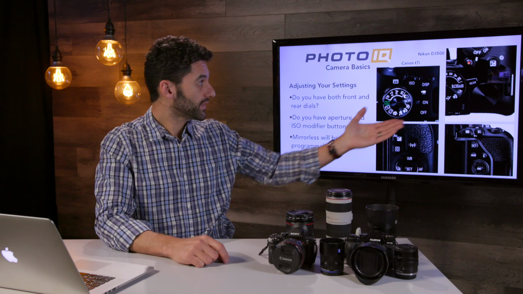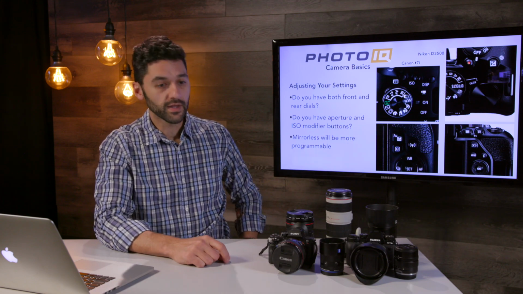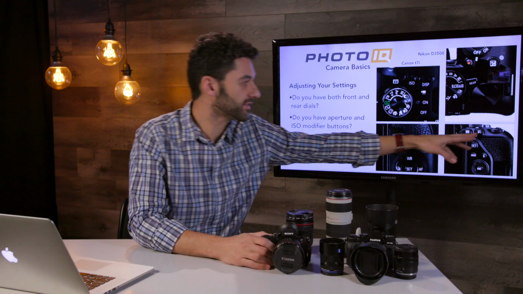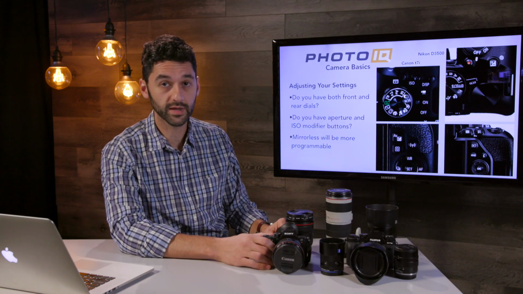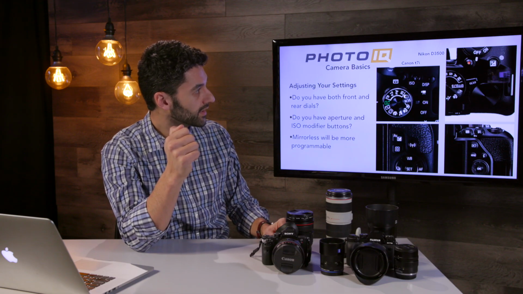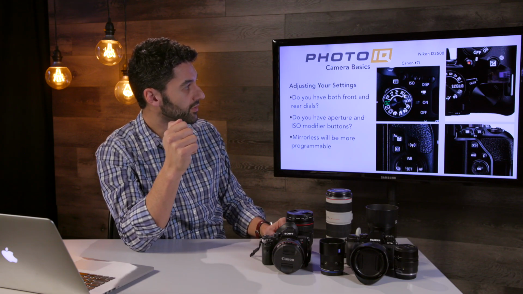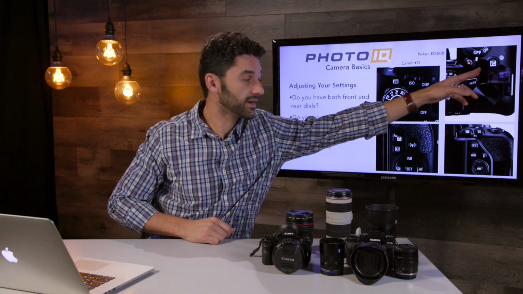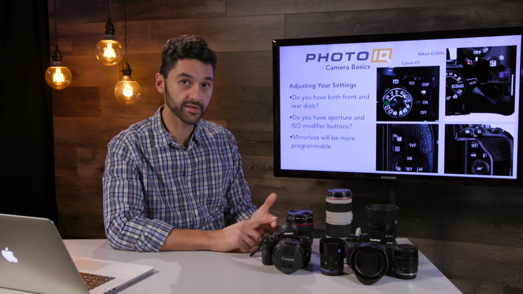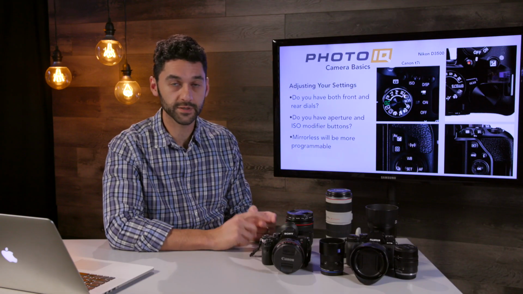Then beside it, the Nikon D3500 also only has one dial. It's this dial that's on the right-hand side of the grip, and that's in perfect position for your thumb, so it's a thumb wheel. Then if you want to adjust your exposure compensation value, just like the Canon, it has the exact same function where it's the exposure compensation, and then it's also the aperture button.